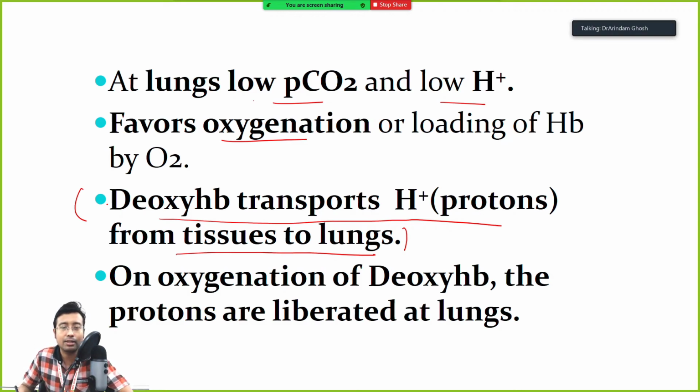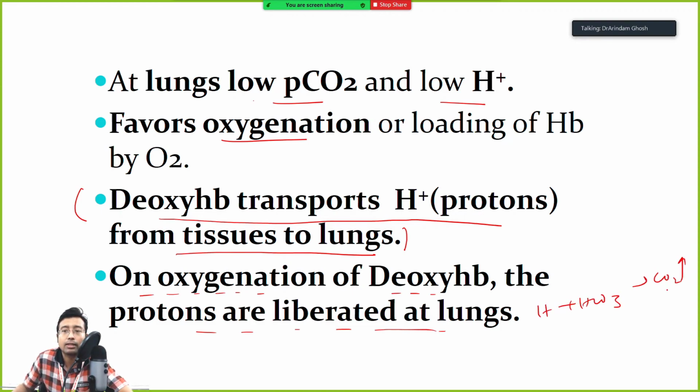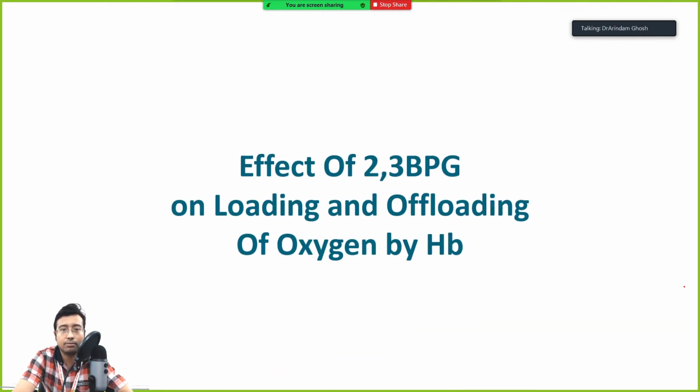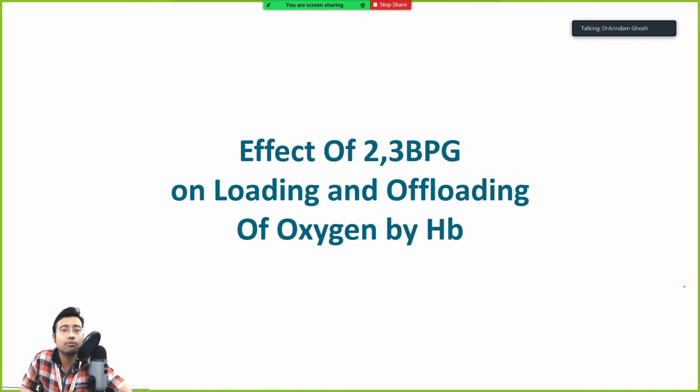I will explain the Haldane effect again also, but it's very easy. On oxygenation of deoxyhemoglobin, the protons are liberated at the lungs. These protons will combine with bicarbonate to form carbon dioxide and it will be expelled. So this was about oxygen, CO2 and H+.